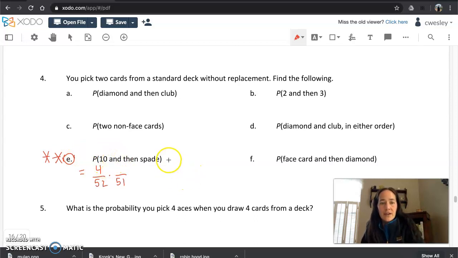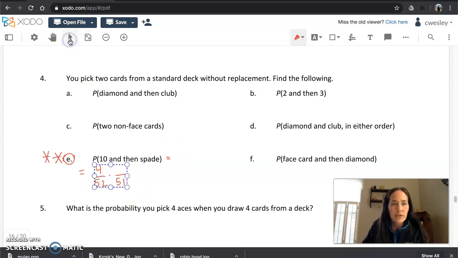The way we're going to set it up, we're going to set up two cases. Either you pick the 10 of spades on the first trial or you pick the 10 of some other suit on that first trial. So let me get rid of this for a second because I do want the space for this. I'm going to set up two different sets of probabilities with the conjunction "or" in between, since "or" means we add together those possibilities.